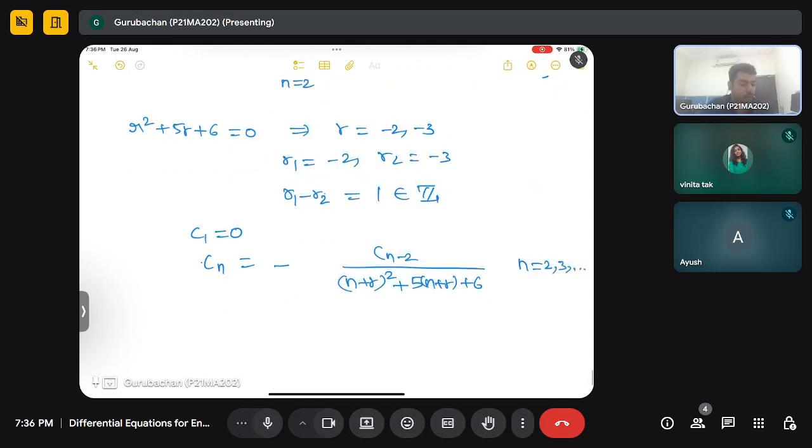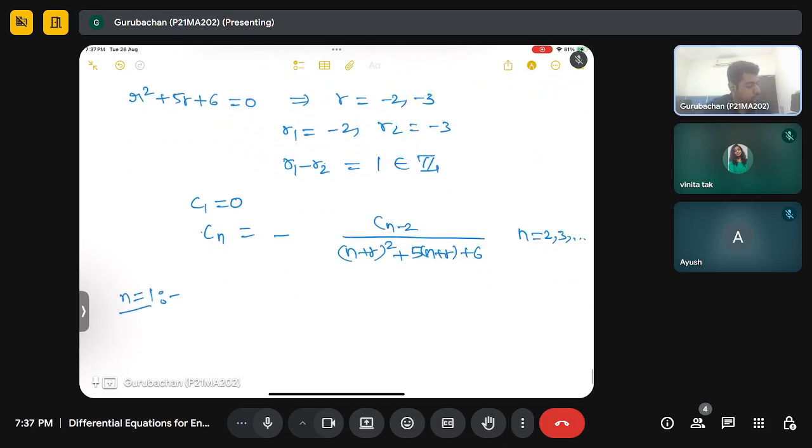So when you put n equal to 2, c2 will be minus c naught divided by r plus 2 whole square plus 5 times r plus 2 plus 6.